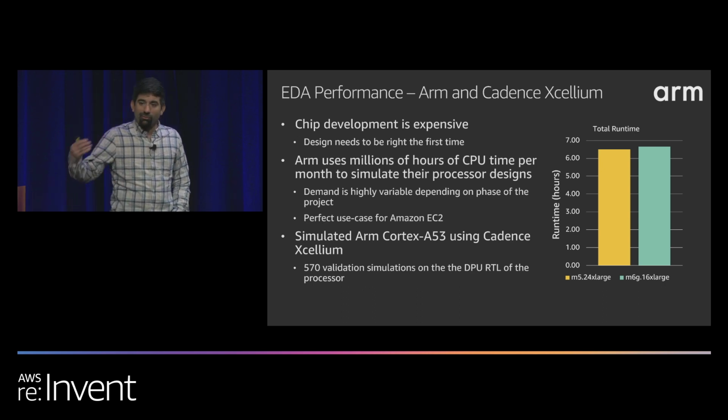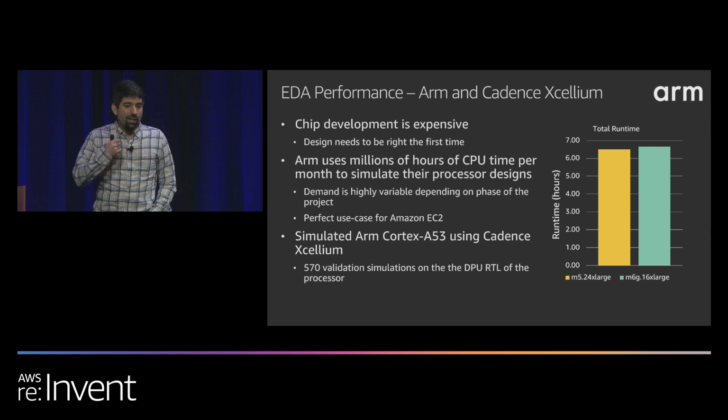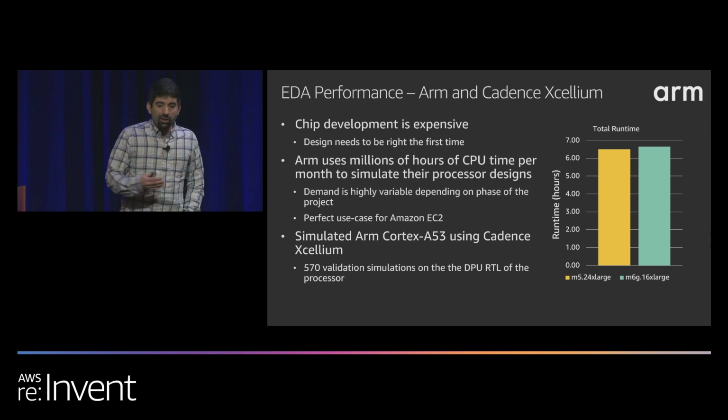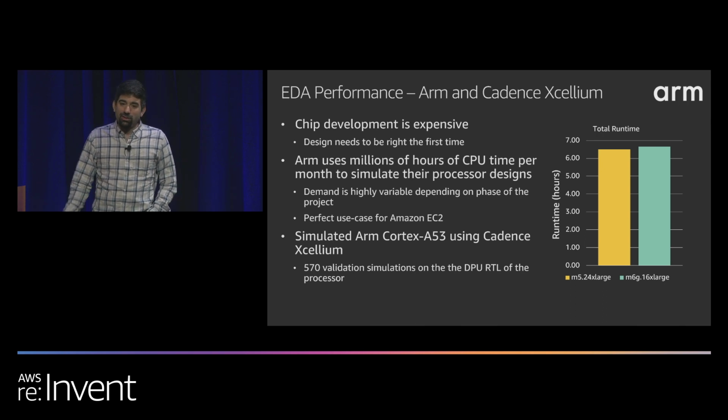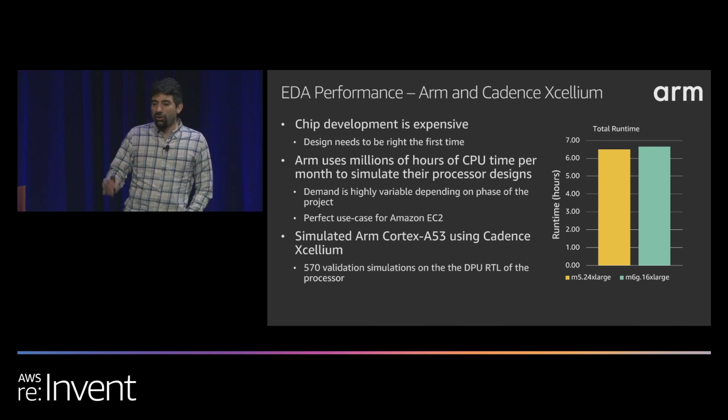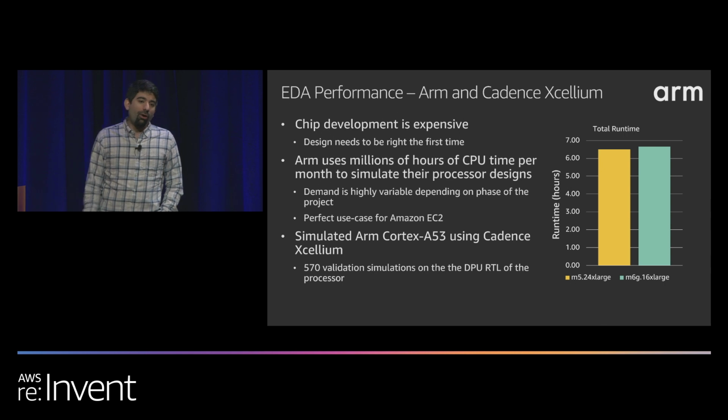We can build something, test it, see the results, and try again. In the silicon world, it's measured in months. And so you have to get it right the first time. If you have a mistake, it's going to cost you months and all the money associated with that.